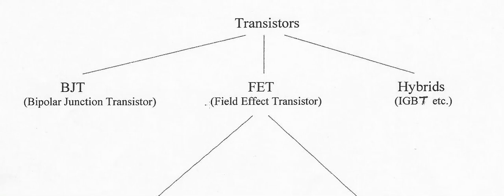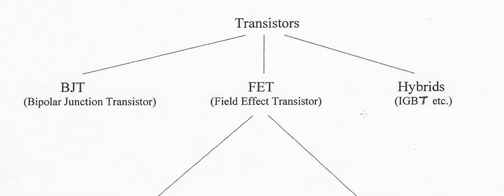But we've got BJTs, FETs, field effect transistor. What that's telling us is it's a voltage controlled device. It's a voltage field that is used to control the width of that channel, which is essentially controlling the drain current. If you remember the BJT, it was a small base current that controlled how much collector current could flow.